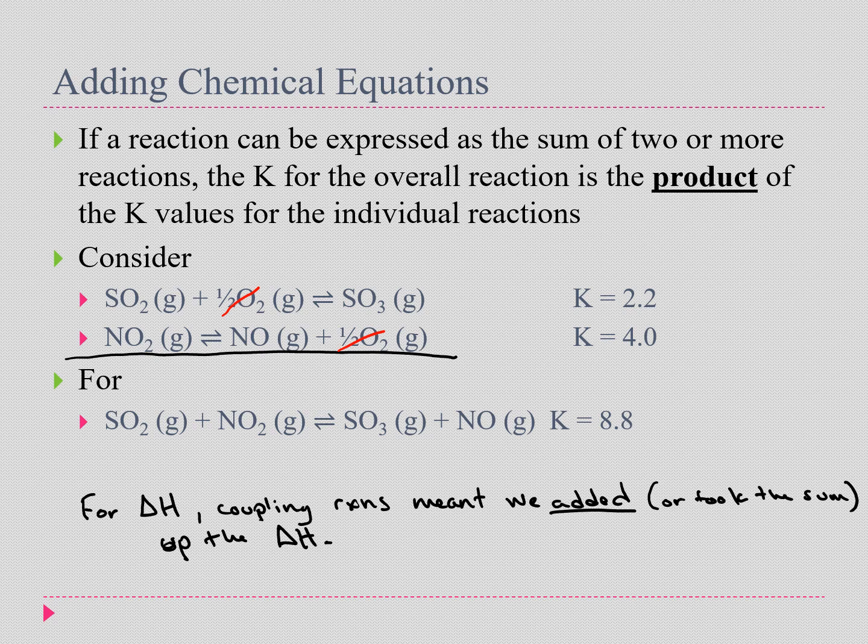For our equilibrium constants, we are taking the product, which is a fancy word for multiplying the K values. So for this one, 2.2 times 4 will give us our overall K. When we add reactions together, we have to multiply, or take the product of, our Ks.